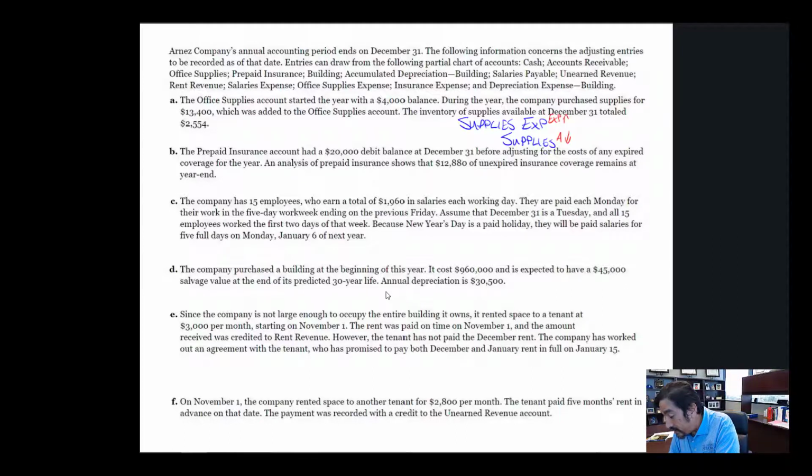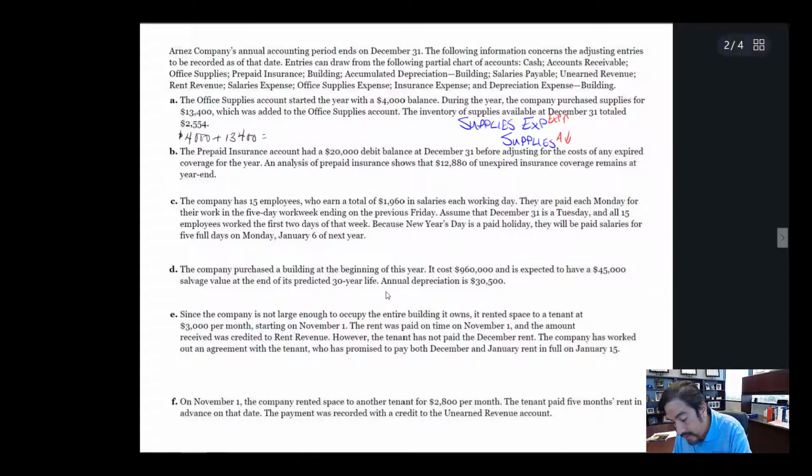Let's work the numbers here. We started with $4,000 at the beginning of the year. We added another $13,400 throughout the year.